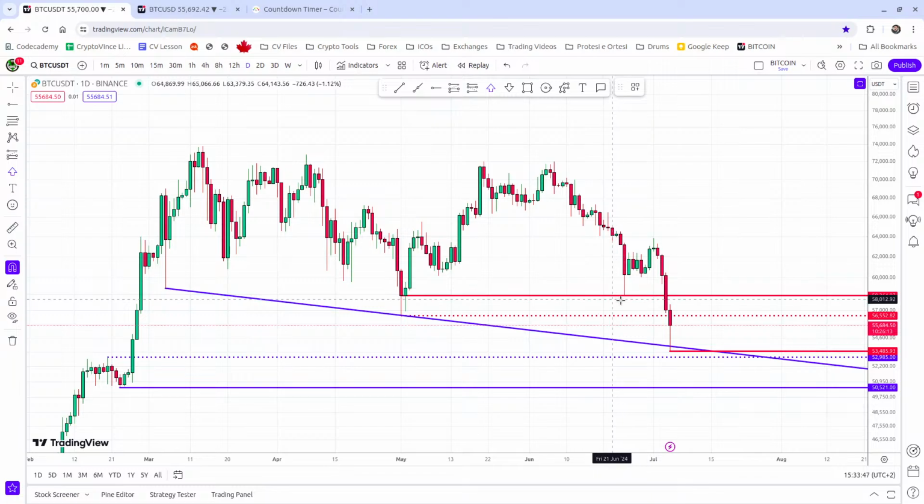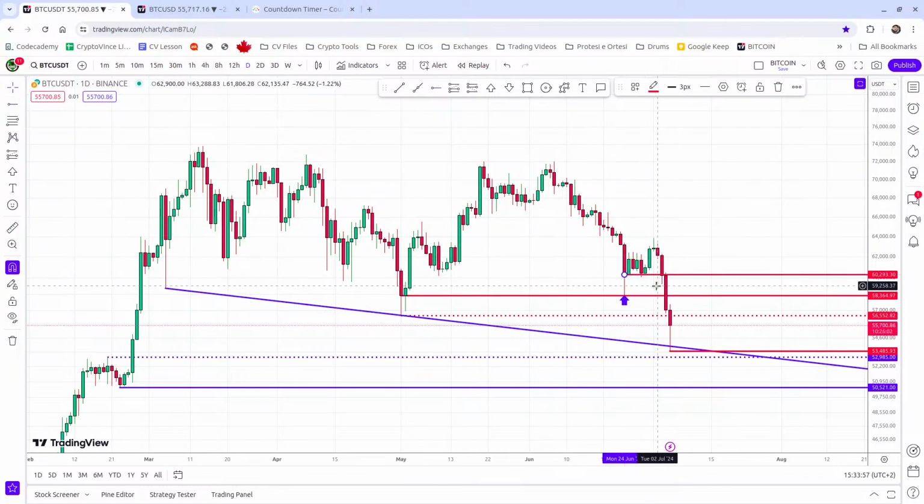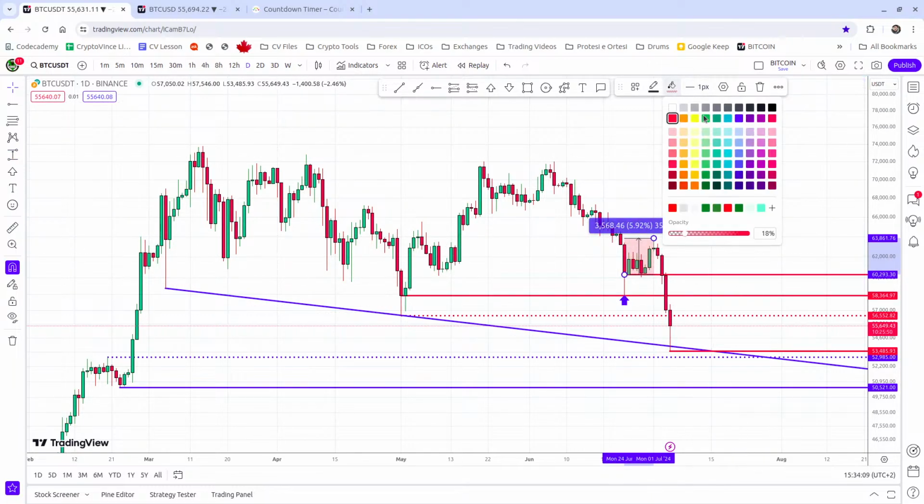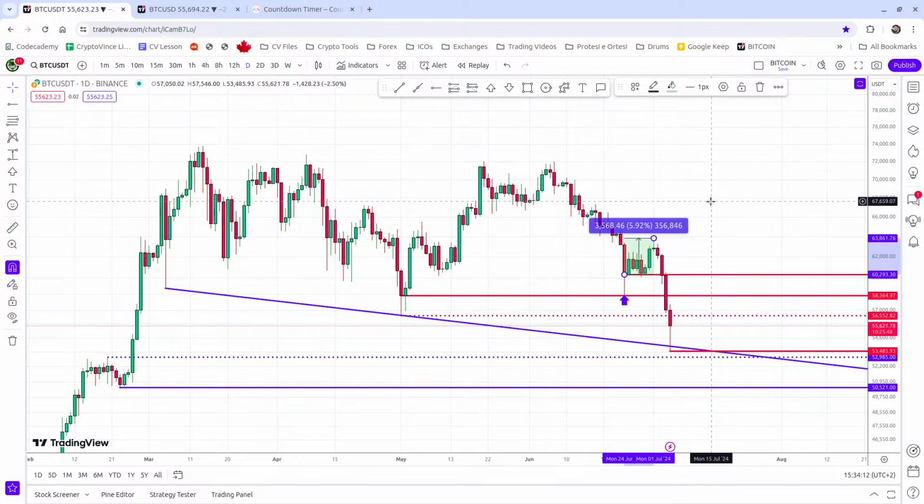So look at this level here. Look how nice price bounced on the level and closed above, and price went up for a little bit. It went up about 6%, so that's not bad at all, guys.